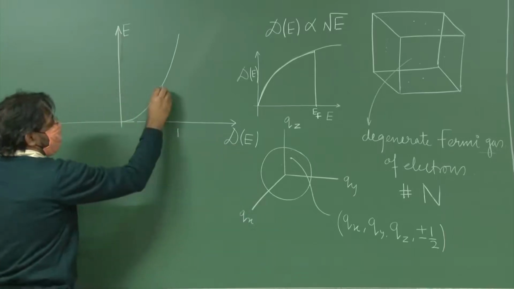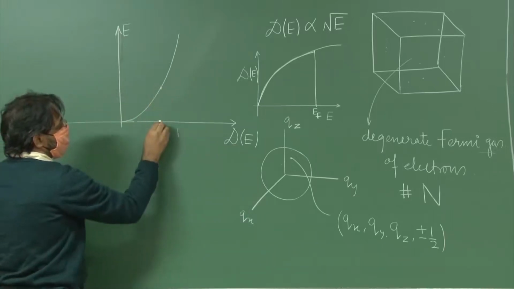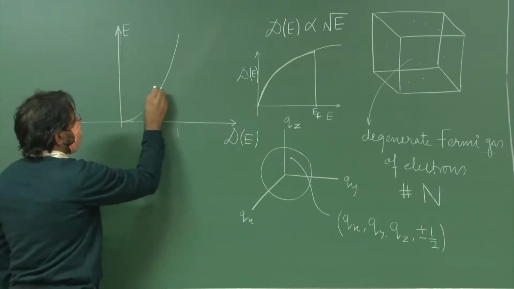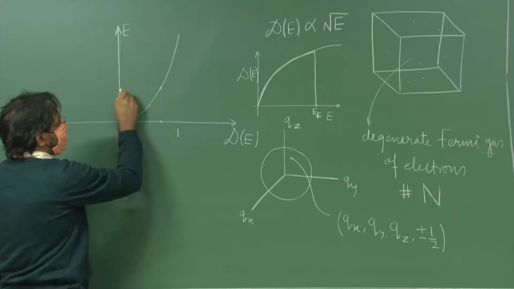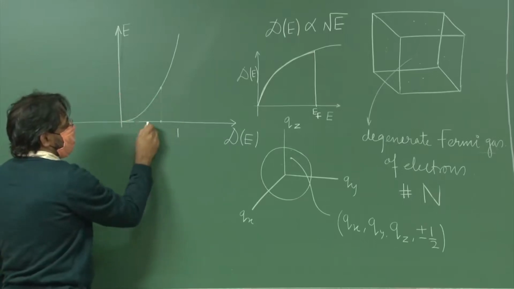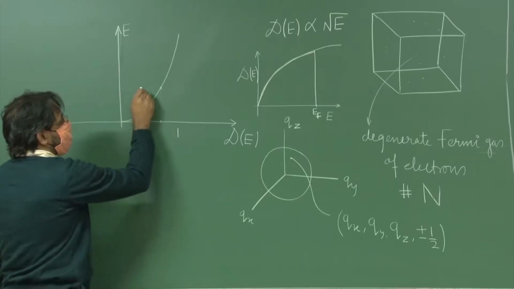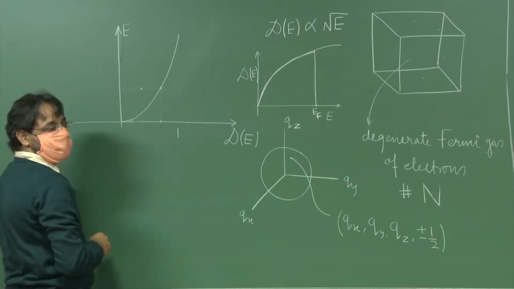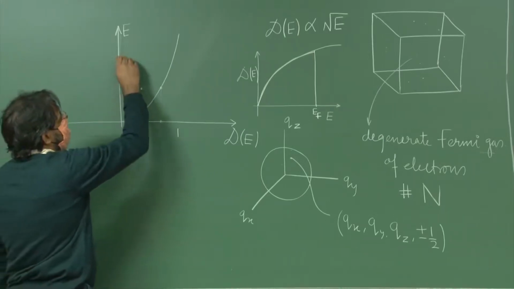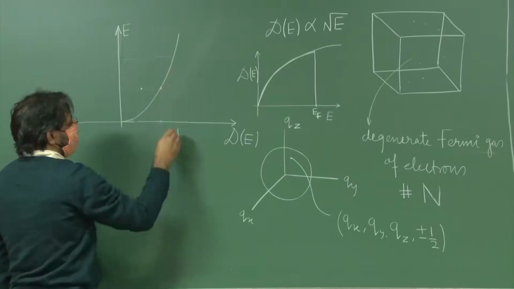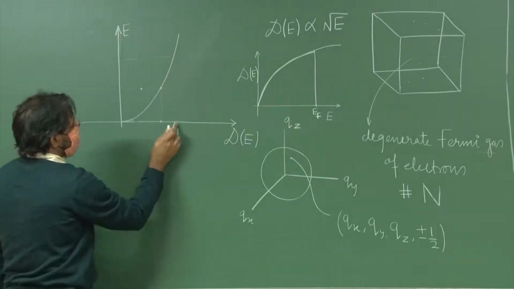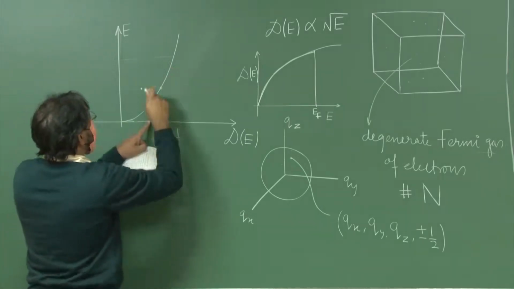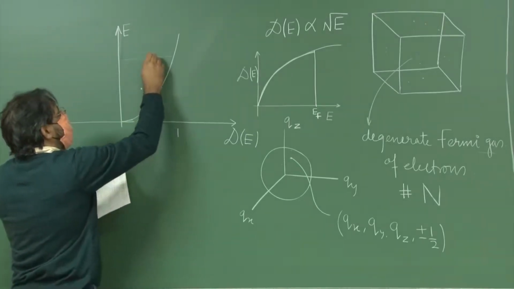So for any value of E, the total density of states is this, then for the same E, the density of states in this case will be half, so it will come here. Similarly, for this energy, you just halve it, so it will come here, and so on.